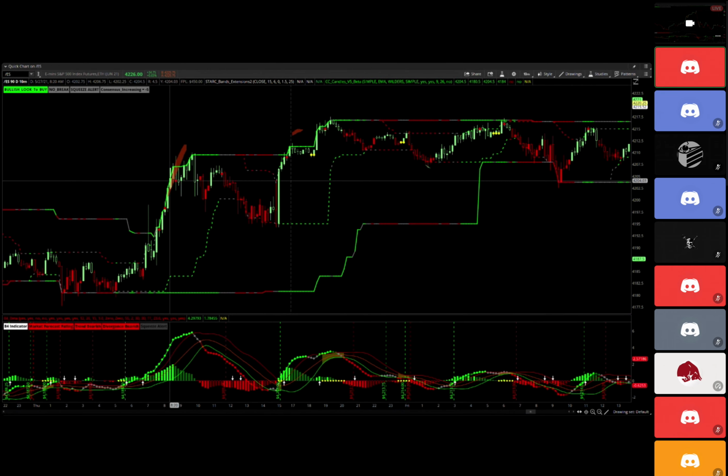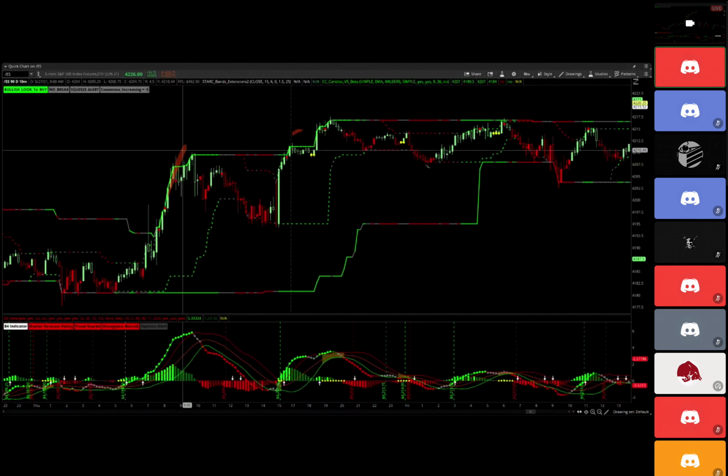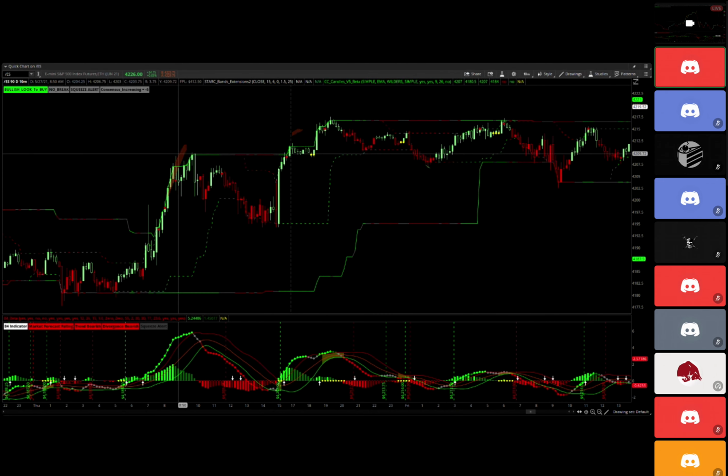and you were looking to sell over the top of this cloud. This zone, these clouds act as markers on your chart to tell you that, hey, if I sell over this level, I'm selling high.